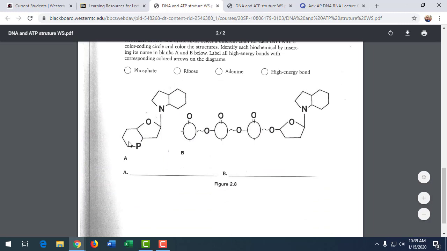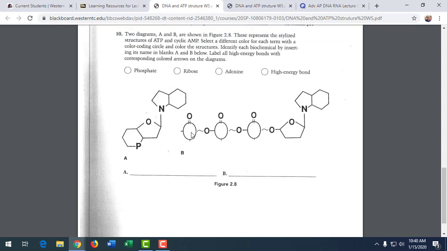Not this first one. This is cyclic AMP, but this here is the molecular structure of ATP, adenosine triphosphate. So here's the 3 phosphates. So when it says phosphate, here's the 3 phosphates. Here's adenine, the nitrogen base, and here's the sugar ribose.